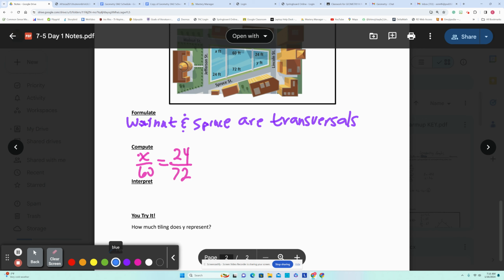Cross multiply, we get 72x equals 60 times 24, which is 72x equals 1,440. Divide by 72 on each side. That leaves us with x equals 20.